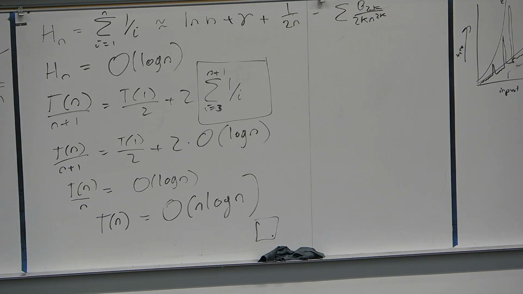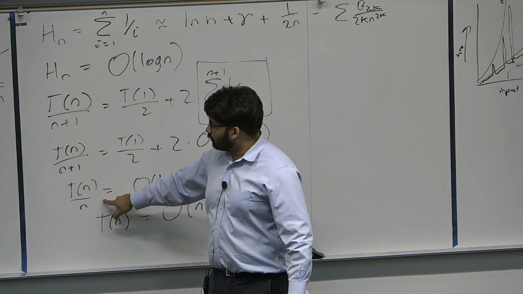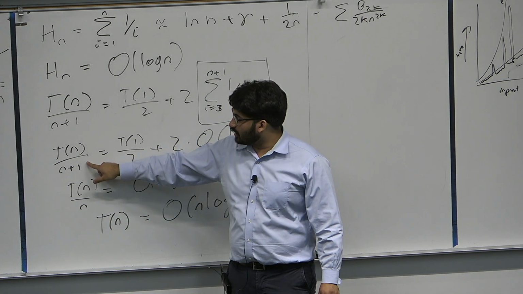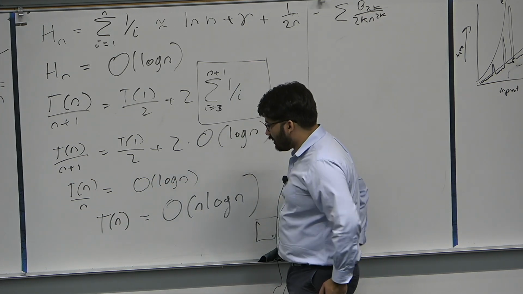Yes? Could you briefly explain just how we went from T of n plus 1 to T of n over n again? Here? Yes. Oh, I can ignore constants. I can do whatever I want.